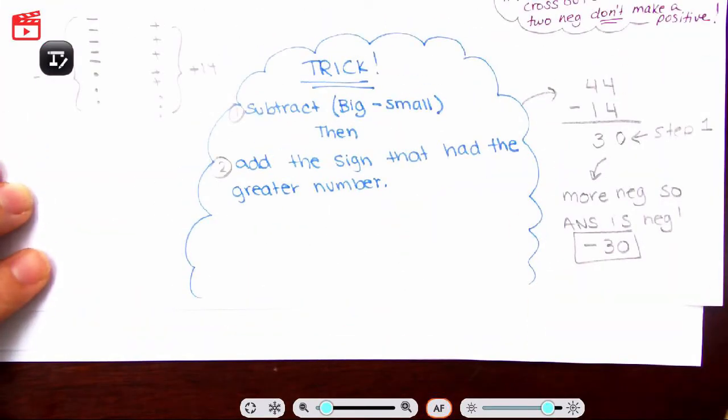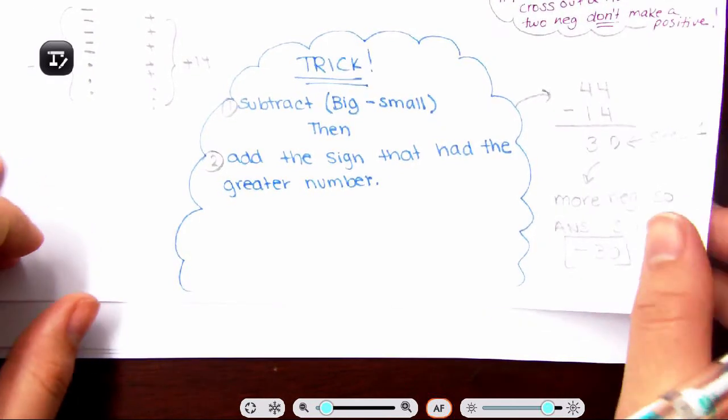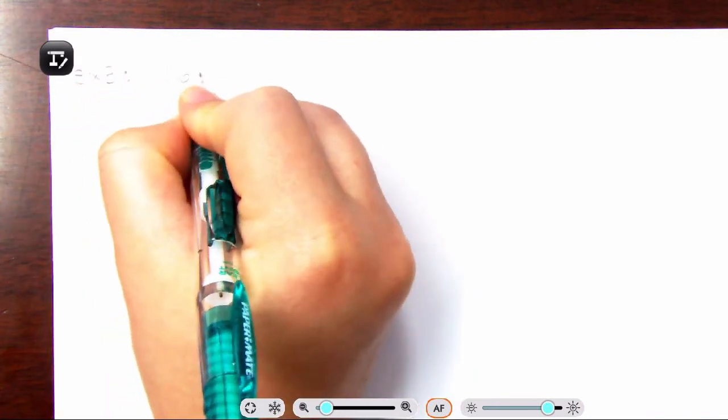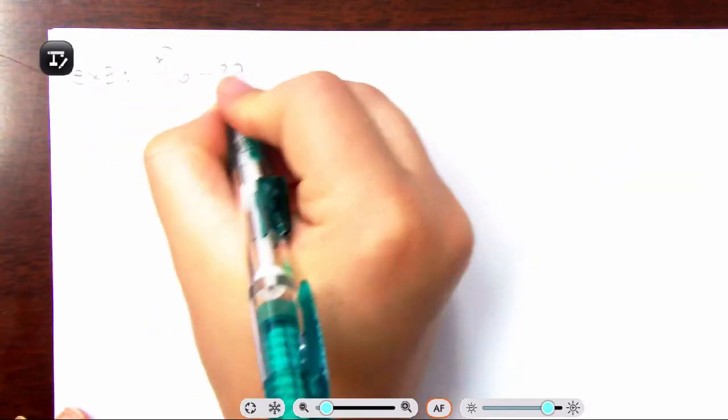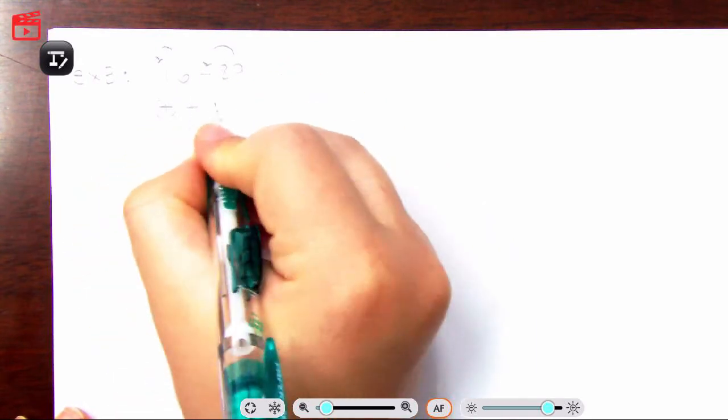All right, we're going to do that again because I kind of just threw that trick out to you. Let's try it again. Example 3. I have 16 minus 89. Again, look at the sign in front. So I have a positive and I have a negative.